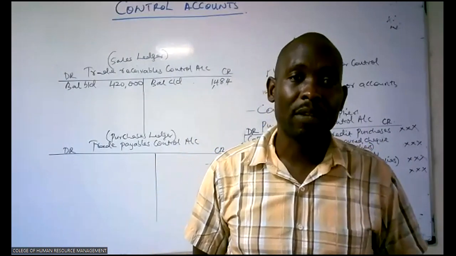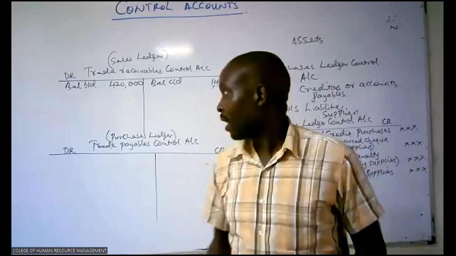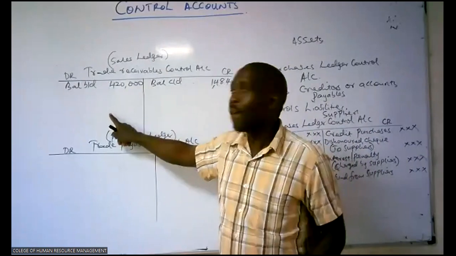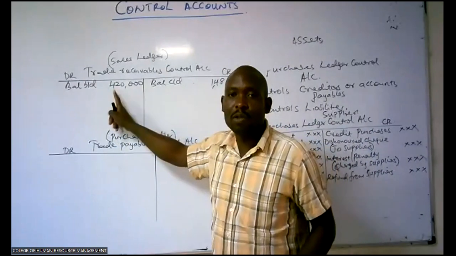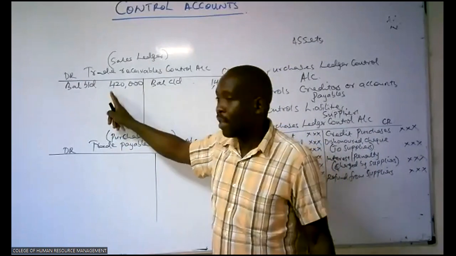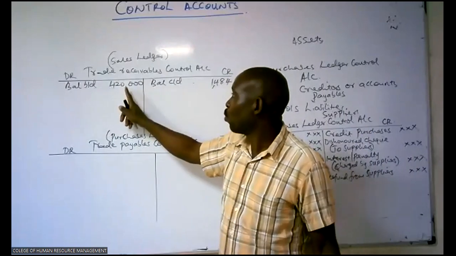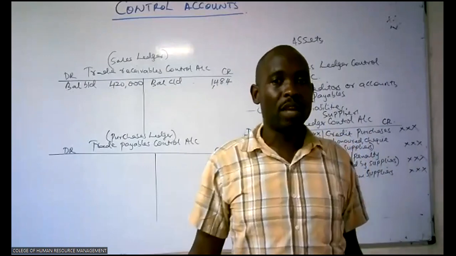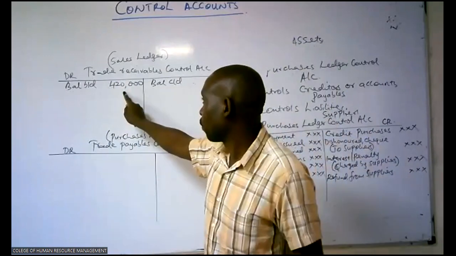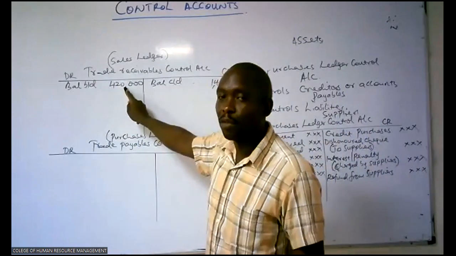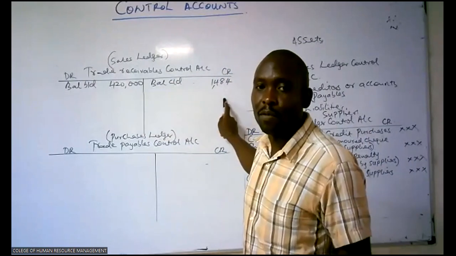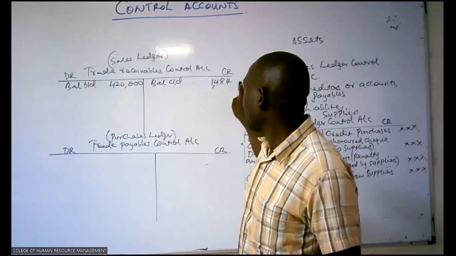So what you need to understand is that this is a set account, and they will always have a debit balance. And if we are given both, this one will always be more than this. So just note that. This is what we are supposed to receive from our customers at the start of the year. This is what we are supposed to refund to our customers at the start of the year.